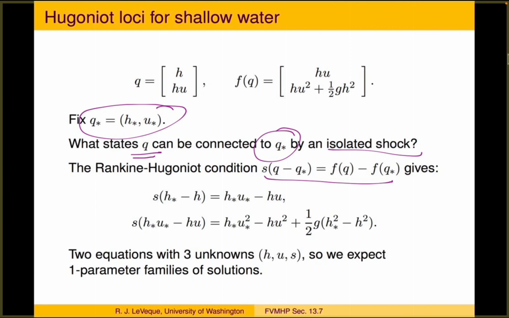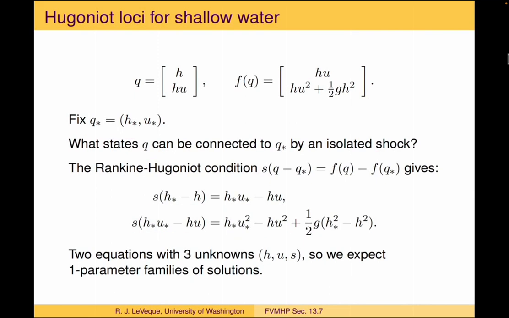Or in terms of the two components, S times the jump in Q is S times the jump in H and S times the jump in HU. On the right, we have the jump in the flux, HU, and the jump in the momentum flux, HU squared plus a half G H squared. When we do that, we end up with two equations that have to be satisfied in order for the Rankine-Hugoniot conditions to be satisfied.